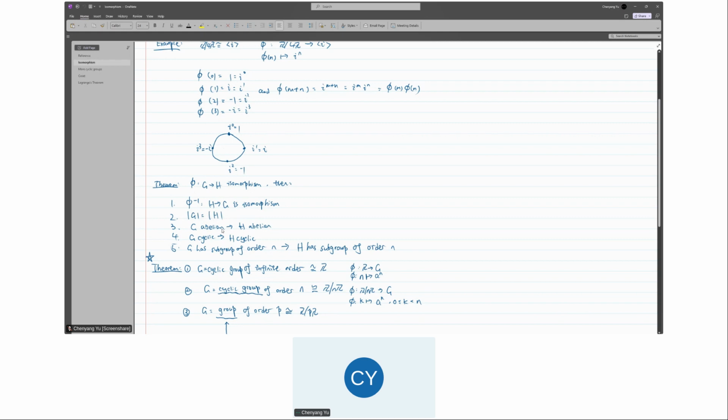The abelian property transfers to the other group because they are isomorphic. If G is abelian, then H is abelian. If G is cyclic, then H is cyclic. So basically, they are not strictly the same, but they are considered the same in a mathematical sense.